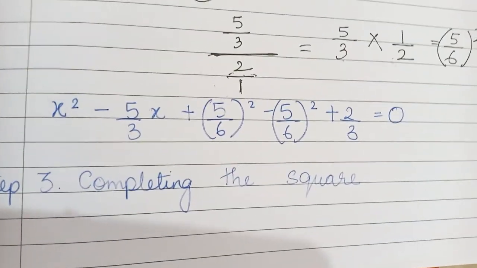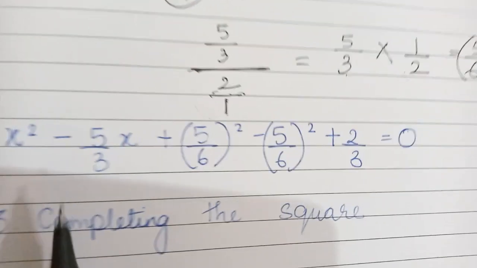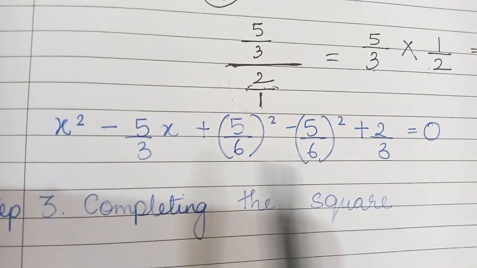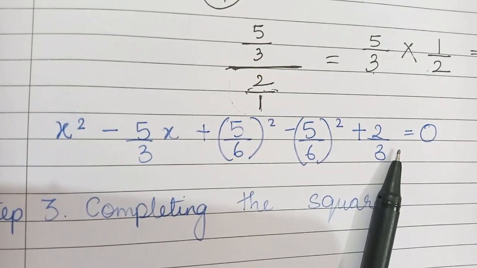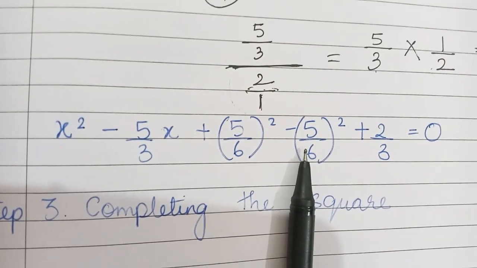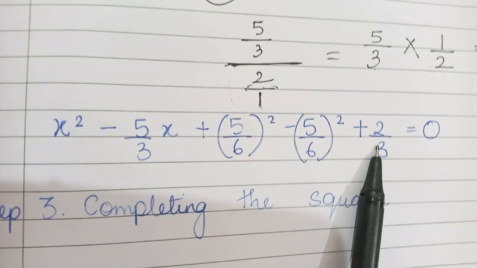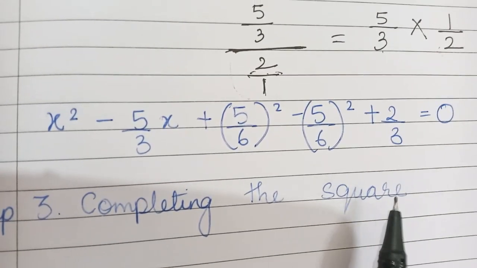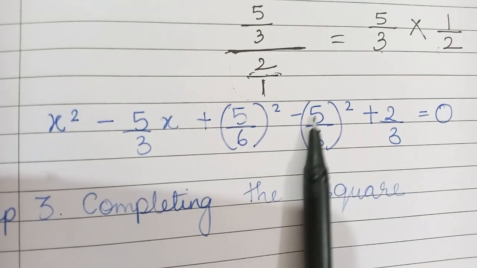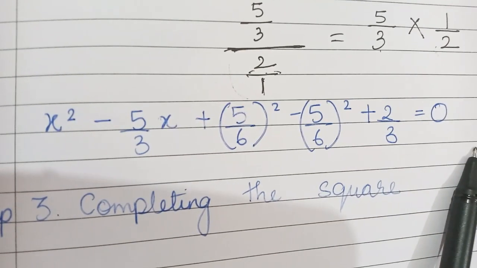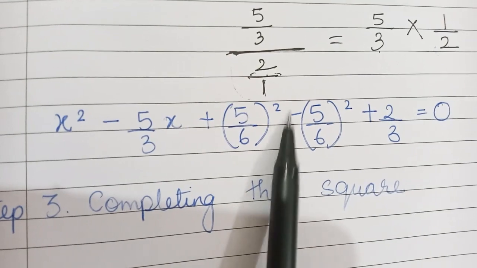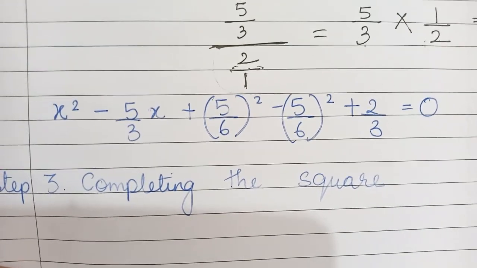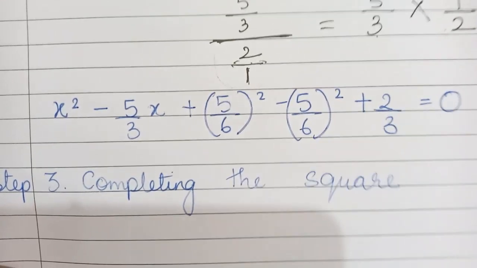Once our equation is formed, we can take this negative term and the constant which was already present, and shift them to our RHS. By doing this, we can solve the constant term separately, and we will get our quadratic equation. Let us do step number 3, that is completing the square.